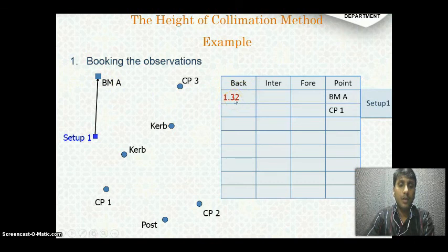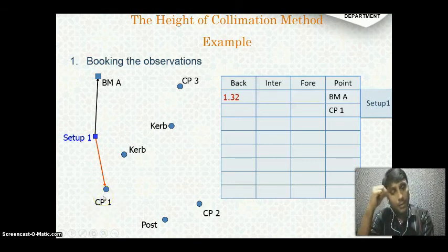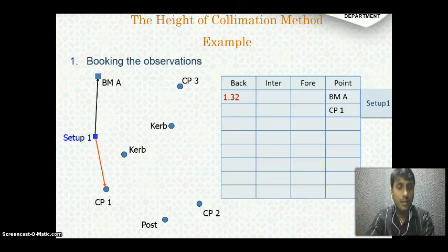You can observe here 1.32 is the staff reading, which has to be written at backside. Immediately after, from setup 1, we looked at CP1. CP1 means the instrument is going to be changed. As I told you, the staff reading taken on the change point has to be written on foresight. Okay, setup 1 has been completed.